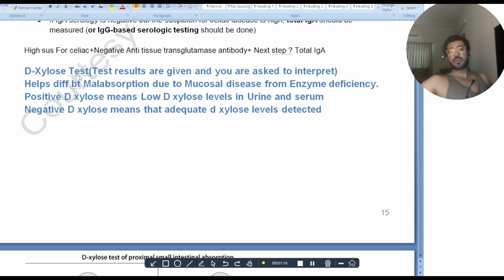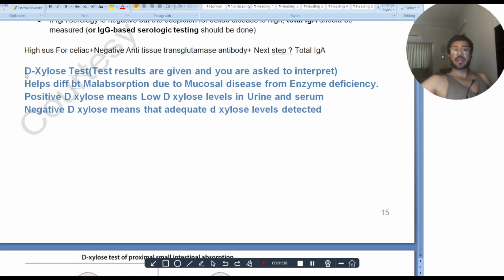Another example would be small bowel bacterial overgrowth, in which case the D-xylose, before it gets a chance to get absorbed, would be degraded by the bacterial overgrowth in the small bowel, and since it's going to be degraded, it won't get absorbed.